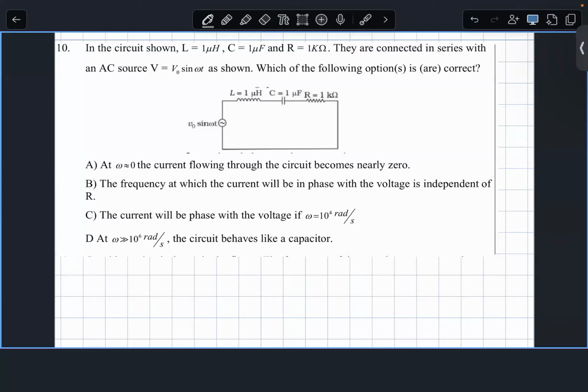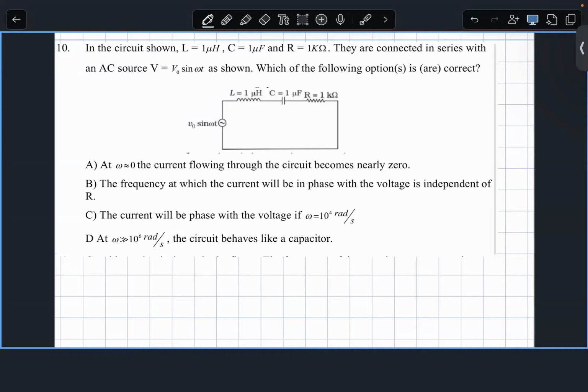What happens to the current flowing through the circuit? It becomes nearly zero. Omega zero means no source. Without variations, it can be treated as a DC circuit also.